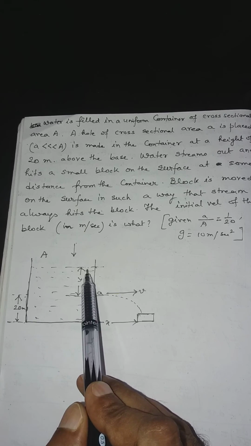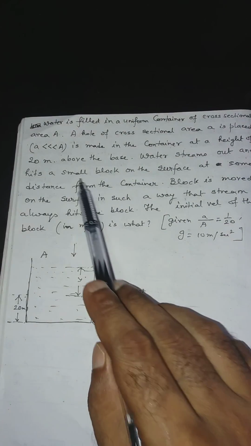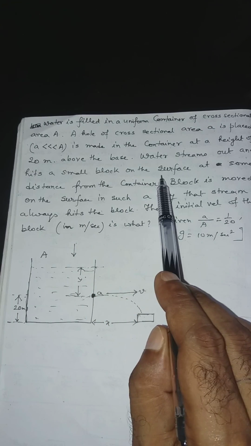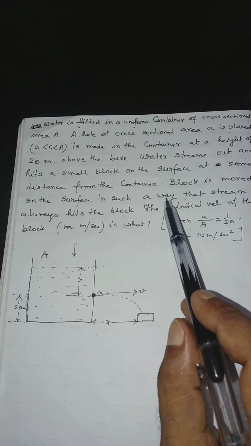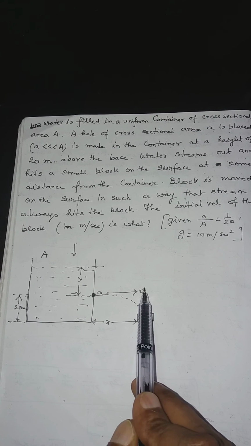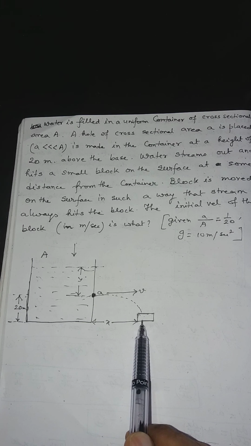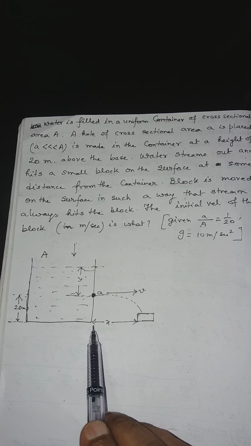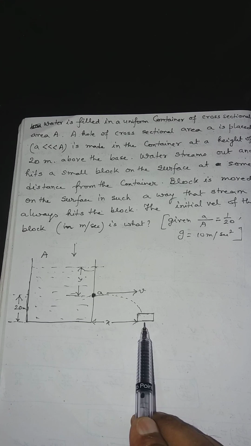Now what is mentioned is that water streams out and hits a small block on the surface at some distance from the container. That means from this particular portion, with a certain velocity small v, the water is coming out and it hits a block which is placed at a distance x from the base of the container.